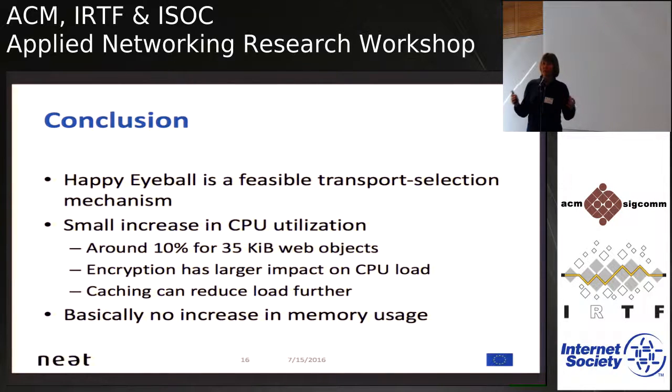Then if you have encrypted connections, this is going to dominate your CPU load and have a much bigger impact than the happy eyeballs mechanism itself. And of course, if you add caching, this is going to save you even more on the CPU load. So it's quite a small increase actually when you add all these different components.